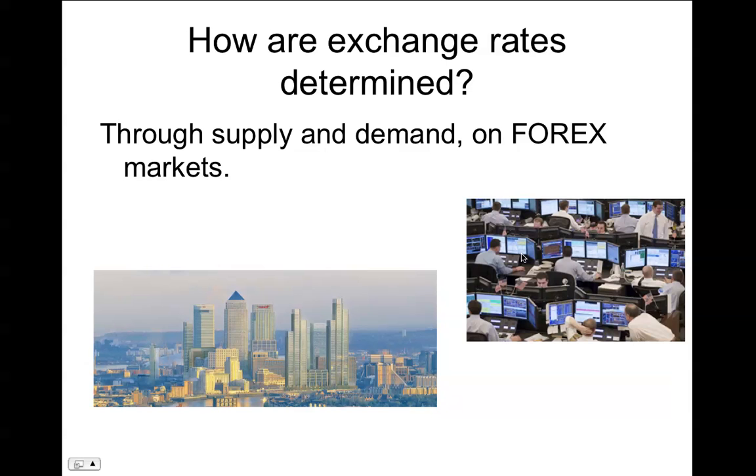So the question now is, how are exchange rates determined? The simple answer is they're determined on foreign exchange markets, sometimes referred to as Forex markets. I've got a picture of Canary Wharf there because London is a big financial trading center for foreign exchange. When you think about who's buying and selling the currencies, it's people like these guys here, just at a computer terminal at a bank, clicking buttons, buying and selling lots of currencies.